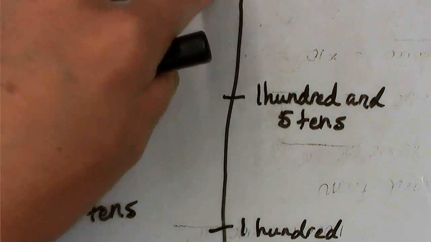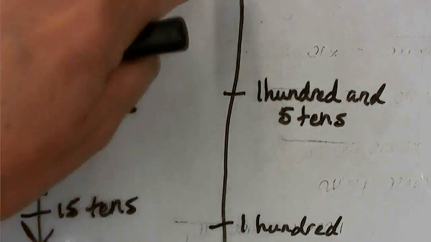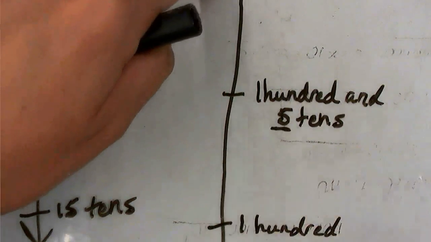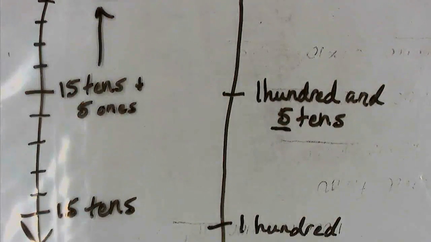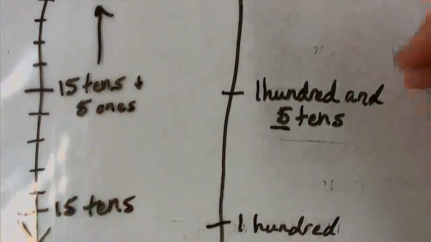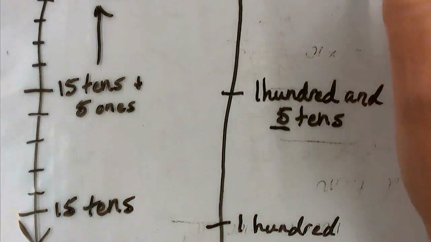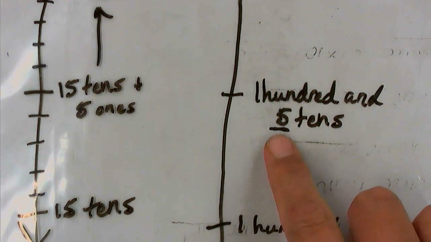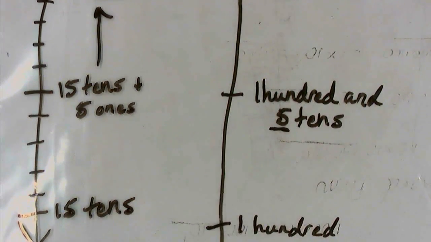Are we closer to 100, or closer to 200? And again, 5 is your magic number. It's called the midpoint. If you are at the midpoint or above it, you're going to round up. So if you have $150, or in our case even more than that, remember, if you've got at least 150, you round up because of the 5 in the tens place.